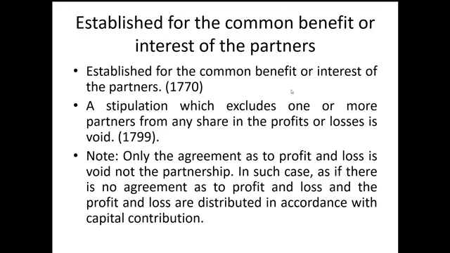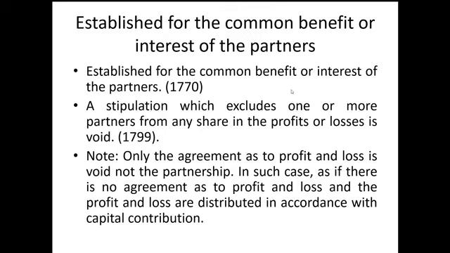Second, stipulation excluding capitalist partner from share sa losses, okay. Ulitin natin: stipulation excluding any capitalist partner from the profit, void. Second, stipulation excluding any capitalist partner from losses, void. Number 3, stipulation excluding any industrial partner from profit, void.